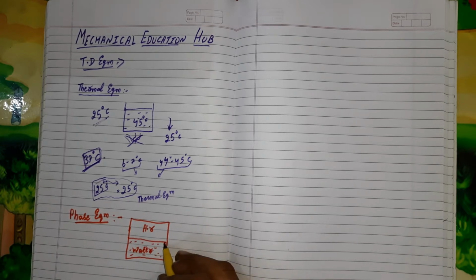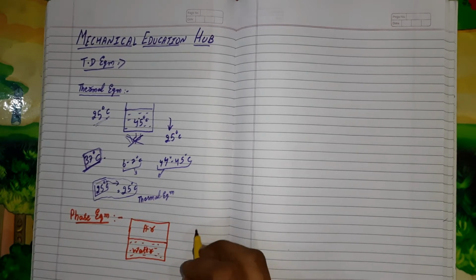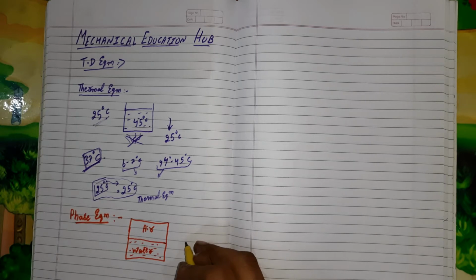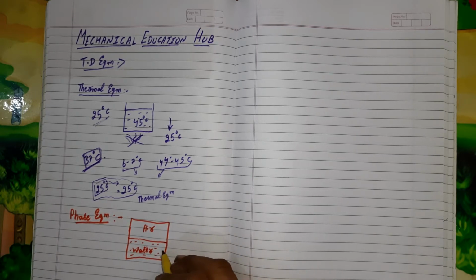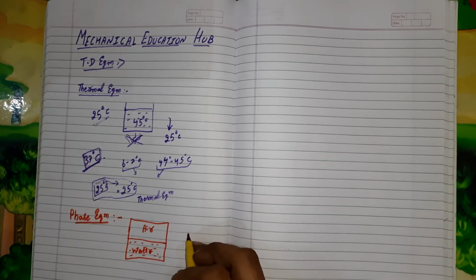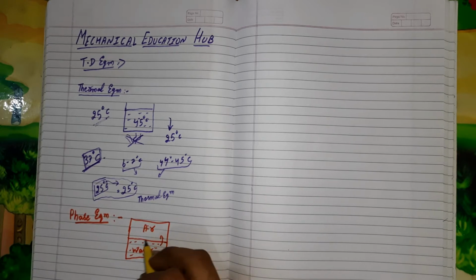Now at the start, this container is not in phase equilibrium because here we have a tendency of changing phase, that is, the liquid phase of water will evaporate and change into the gaseous phase. Here the air has a tendency to absorb water vapors.